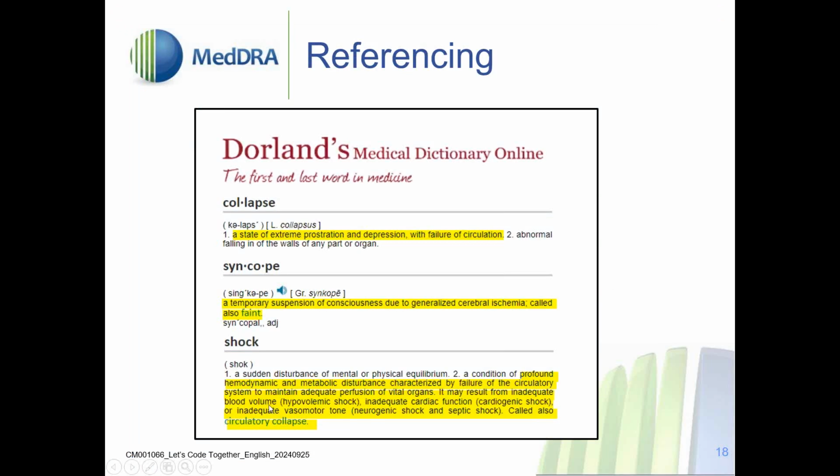It may result from inadequate blood volume, then we talk about a hypovolemic shock, inadequate cardiac function, then we would talk about a cardiogenic shock, or inadequate vasomotor tone, so a neurogenic shock or a septic shock. And the medical term syncope refers to a temporary, transient suspension of consciousness due to generalized cerebral ischemia, and it is also called faint.